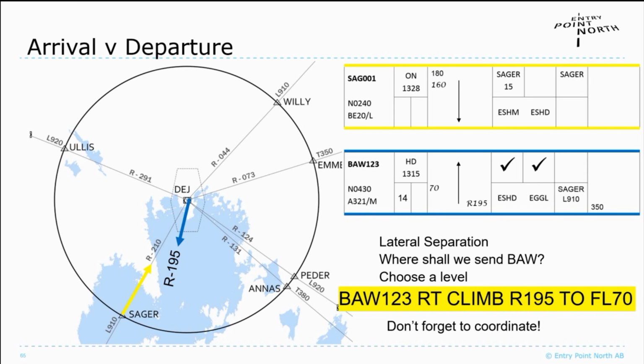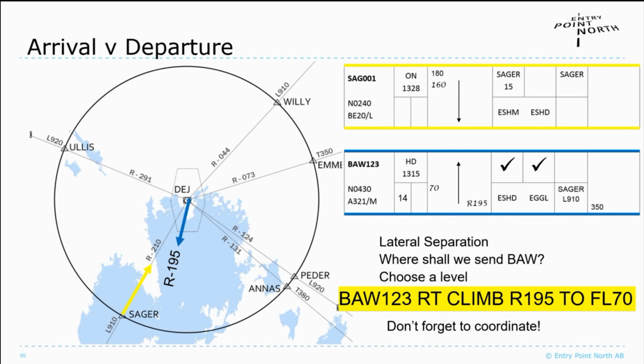Don't forget to coordinate the fact that you are sending Speedbird 123 off track. If they're going to be climbing out to flight level 70 for 7,000 feet off track, it's going to take them at least 7,000 feet to get back on track again as well. And our airspace only goes up to flight level 150.